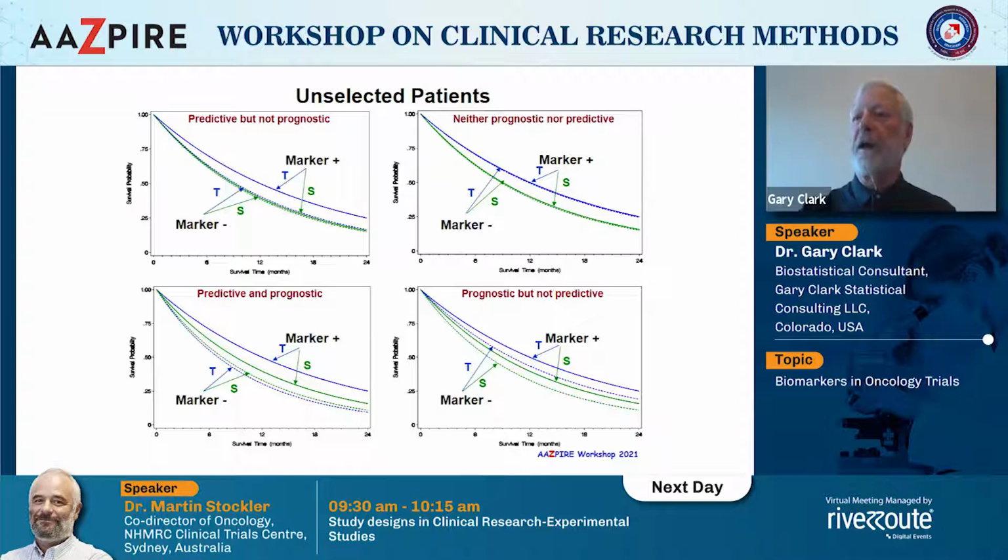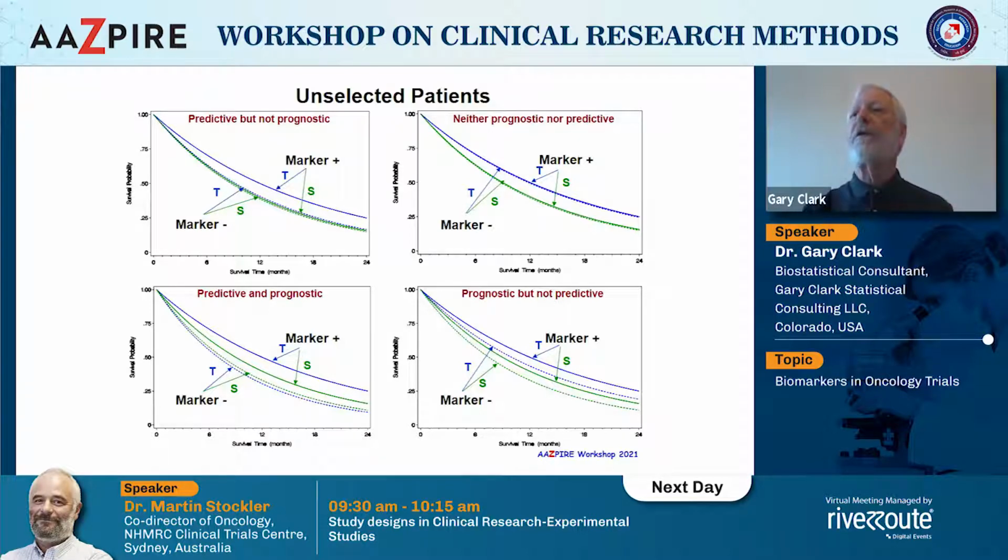Without the introduction of the targeted therapy, the patients with positive marker do better than the patients with a negative marker. But again, the relative benefit, if you add the targeted therapy to the standard therapy, is exactly the same in the marker negative patients as it is in the marker positive patients.